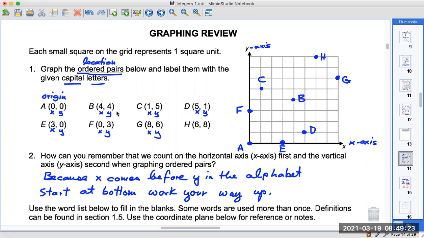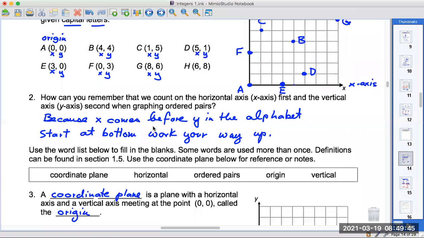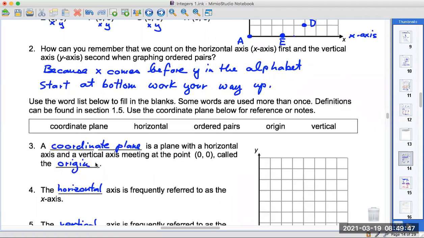Okay, so (4, 4), you would go 4 to the right and up 4. There's point B. So each square counts as 1. Or point C, start at (0, 0), move 1 to the right and up 5. There's point C.